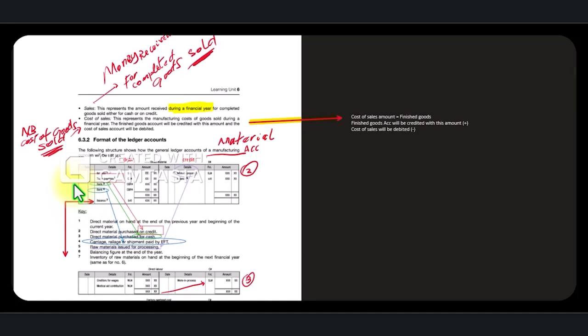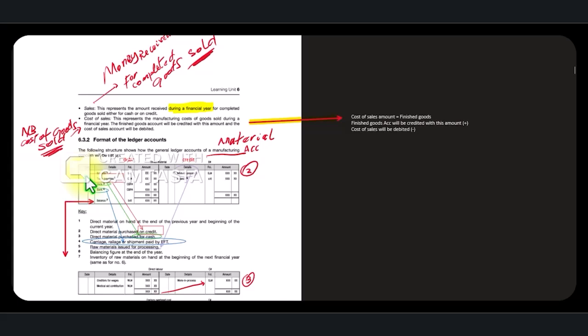All right, so for example, we're looking at the direct material. One of the main inputs for the production is the actual raw material or the direct material. So on your debit side and on your credit side, remember, accounting ledgers are like a balance, like a scale that balances weights, right?